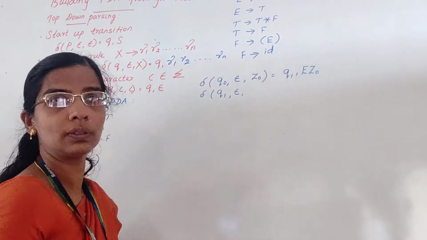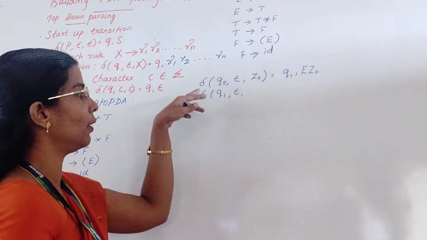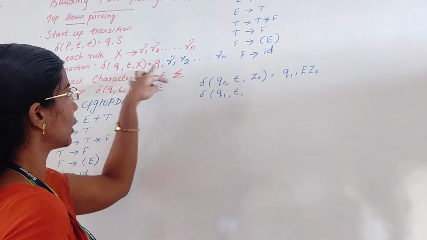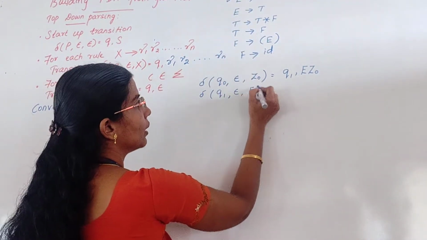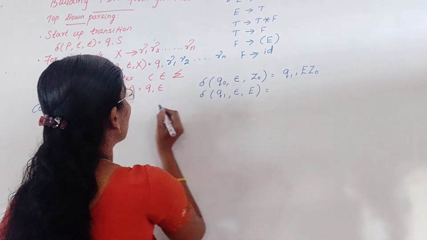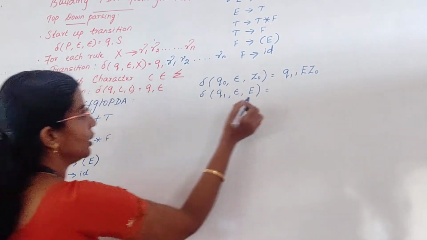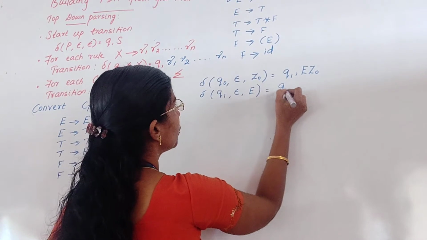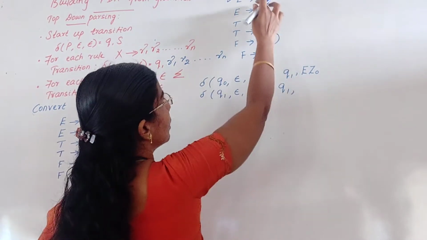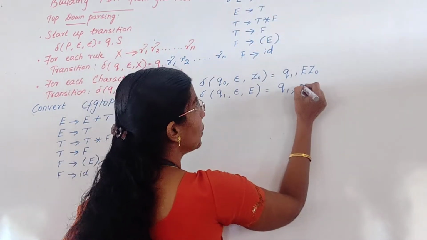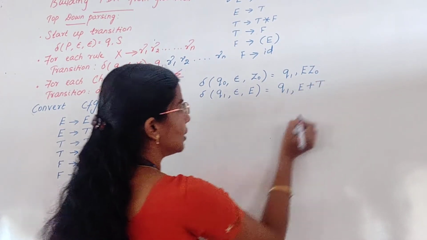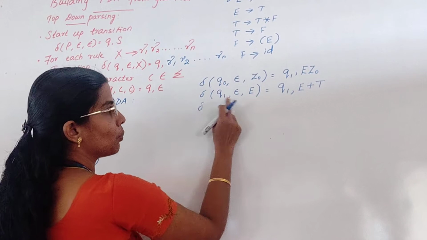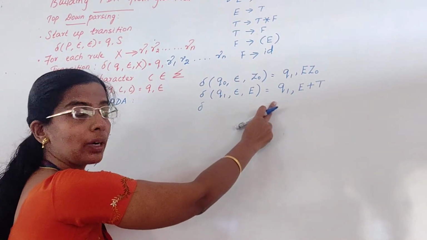This is my grammar. For every rule, I am supposed to write this transition. I take my first rule, E. You can note down there is no state change, so Q1, comma, the complete RHS of the rule, E plus T. You are supposed to write this transition for every rule.